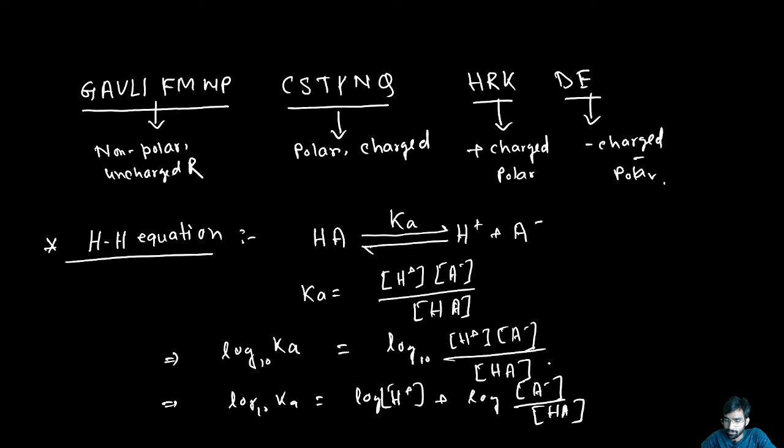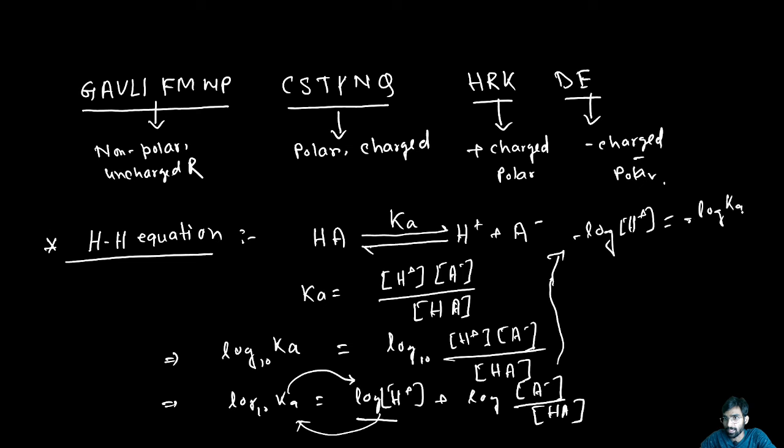So from here you can do a side exchange: minus log H plus equals minus log Ka plus log A minus by HA. It means minus log H plus is the pH, and minus log Ka is the pKa, so pH equals pKa plus log A minus by HA.